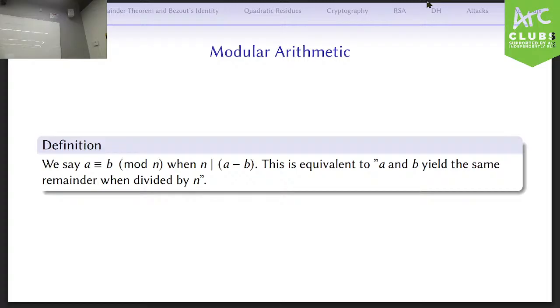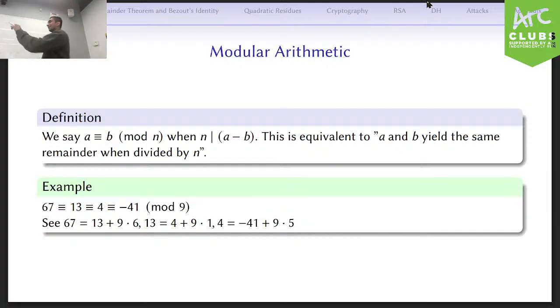So we can define A and B as a scalar multiple of n plus the same remainder. This is why B minus A is a scalar multiple of n, which explains why n divides A minus B or B minus A. That's a key result.